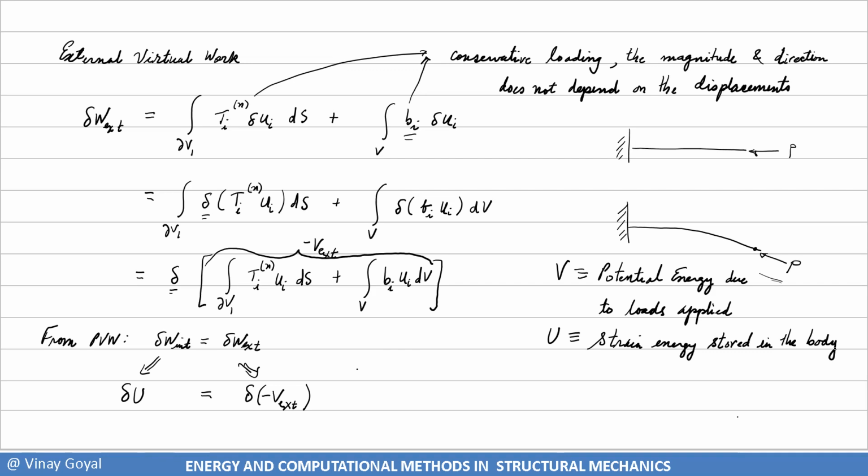And you can calculate the strain energy stored in the body by integrating from 0 to epsilon ij, sigma ij d epsilon ij. That's how you can calculate U. That's one approach. And so what I can do now is bring the right-hand side to the left-hand side and get del U plus V external equals 0.